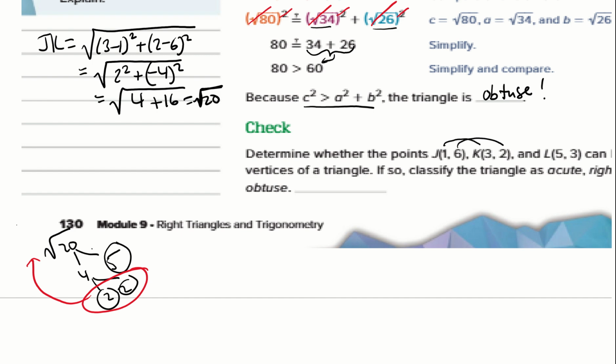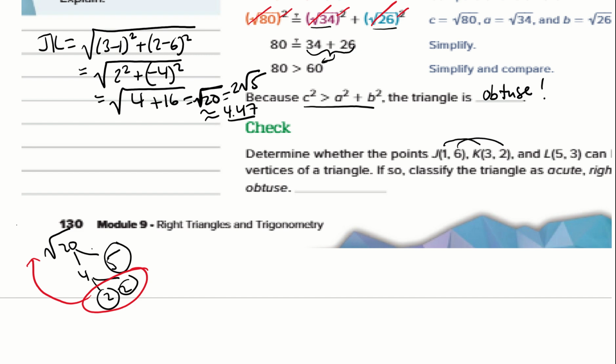So that becomes 2 square root of 5. Okay, so that's JK. Now let's do this as a decimal. Square root of 20 is 4.47.